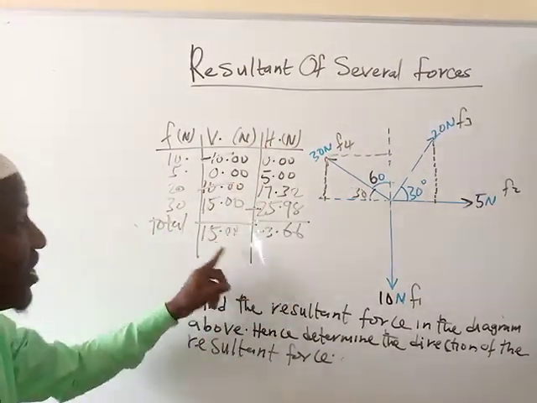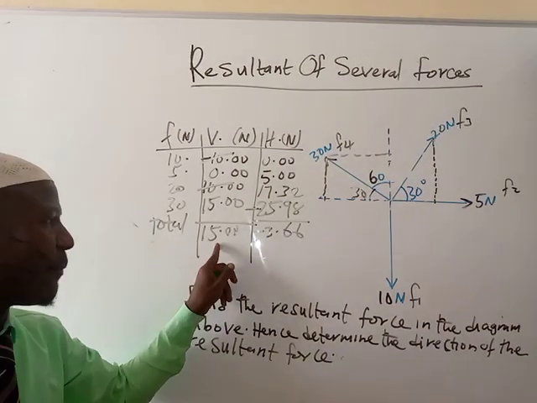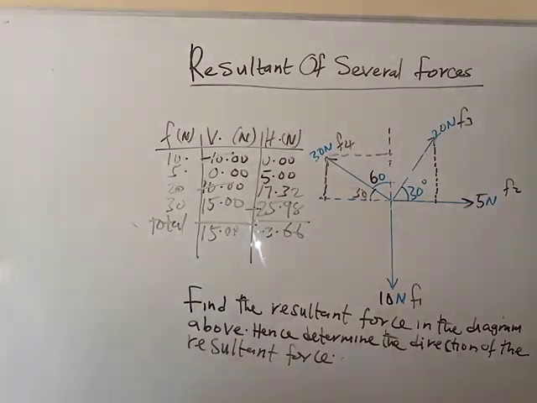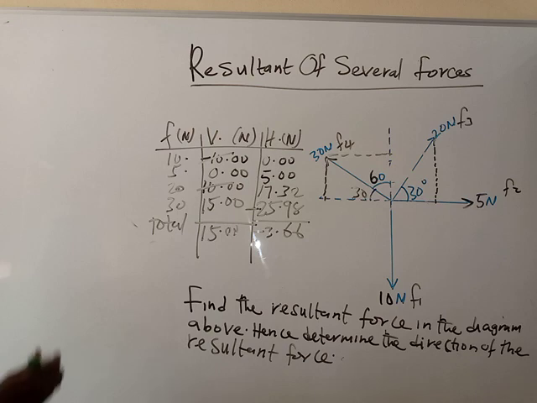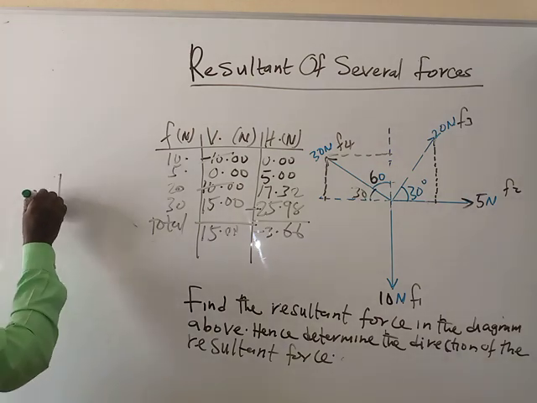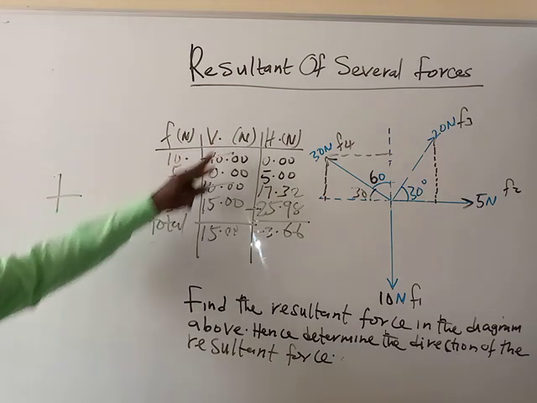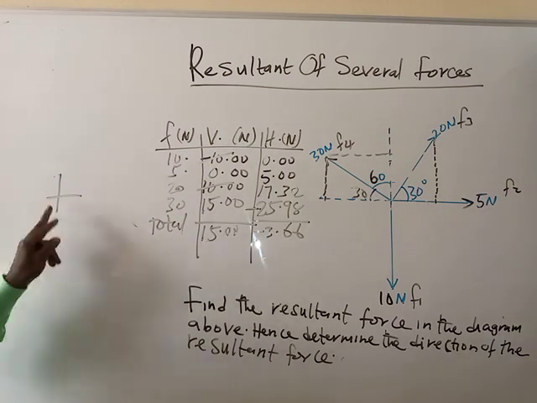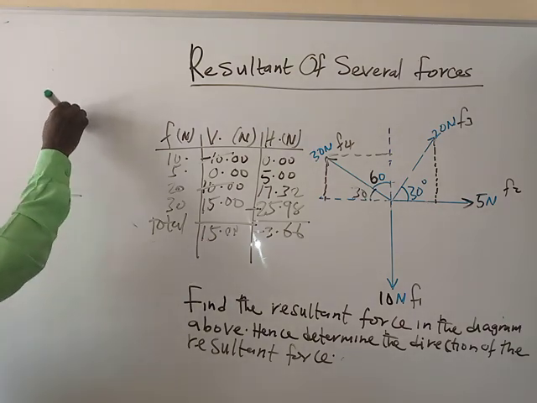Therefore, the two forces are now perpendicular, which means we are going to use the Pythagoras theorem to get our final resultant. You draw like this. Just draw four cardinal points like this. Now, go to the vertical component. It's positive. This is the positive part of vertical.